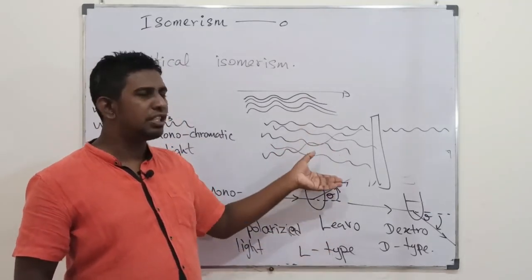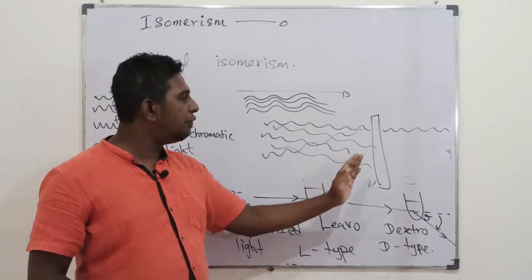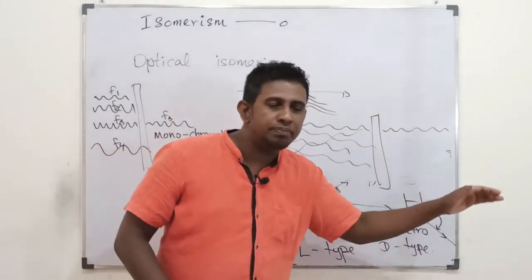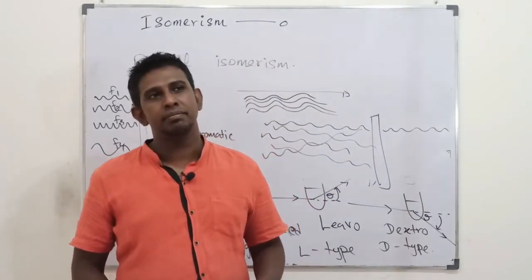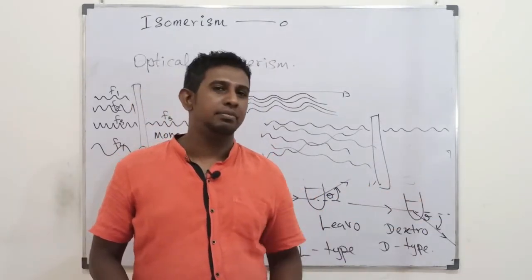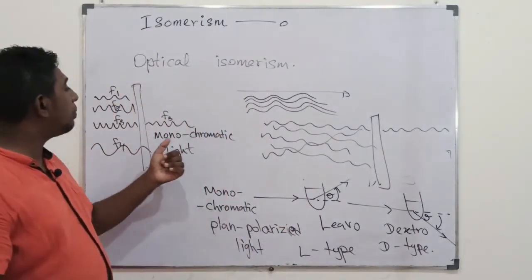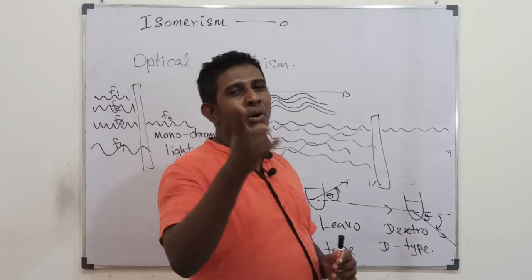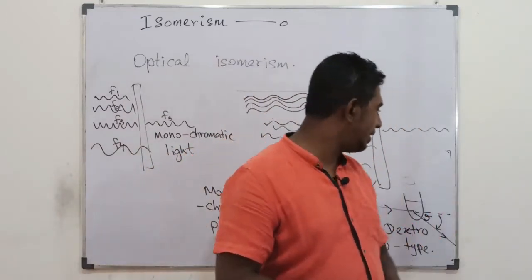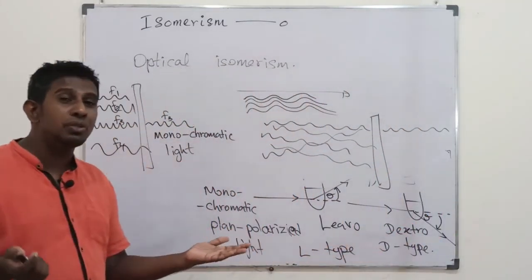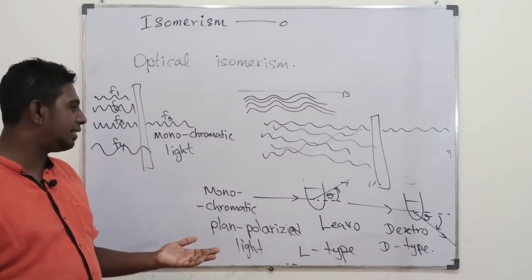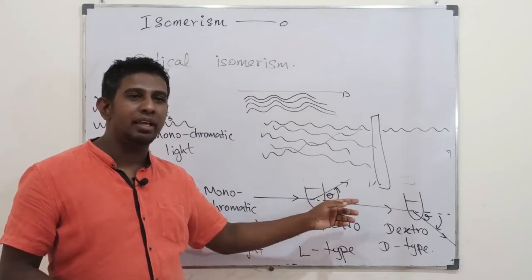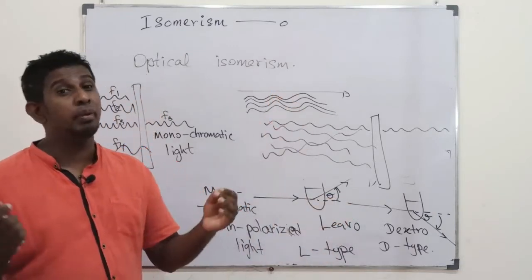So if you have waves in different directions, and you block the others, letting one type only go through, that's what we call plane polarized light. When you do that on monochromatic light, that's what we call monochromatic plane polarized light. The reason we use monochromatic plane polarized light is that if you have different frequencies, the angles they rotate could be different.